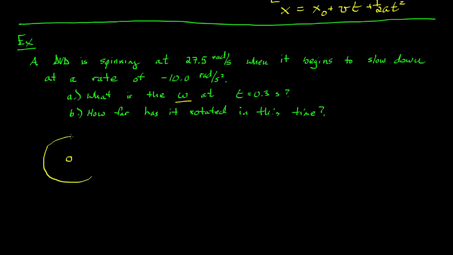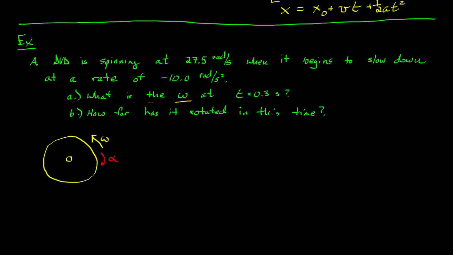We have a disk rotating. Since the angular velocity is positive, it's rotating in this direction. And the acceleration is negative, so my angular acceleration is this way. So this thing is slowing down.